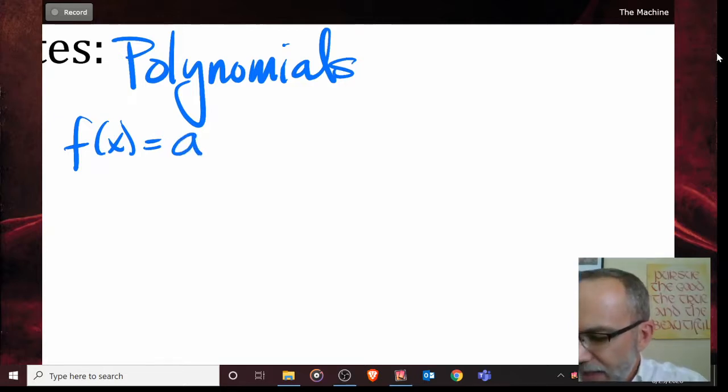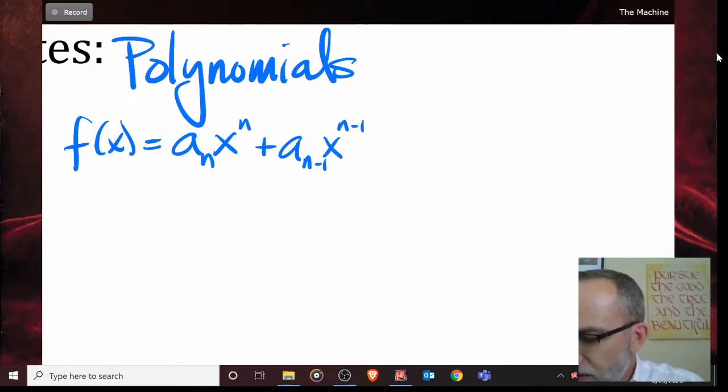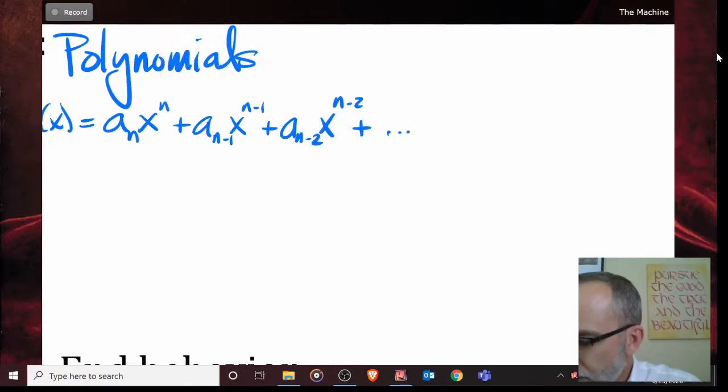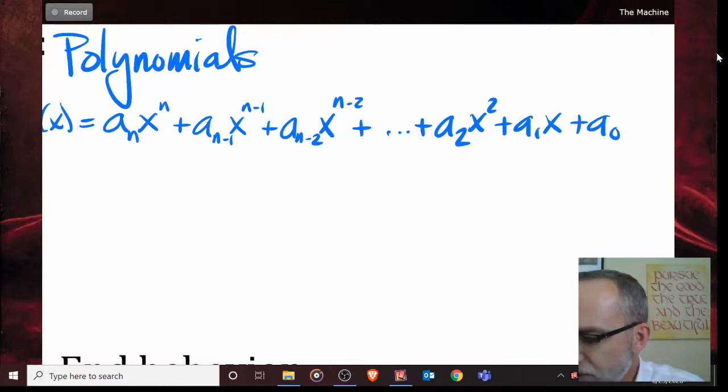It would be a sub n times x to the n plus a sub n minus 1 times x to the n minus 1 plus a sub n minus 2 times x to the n minus 2 plus dot dot dot, a middle somewhere, plus a sub 2 x squared plus a sub 1 x plus a sub 0.